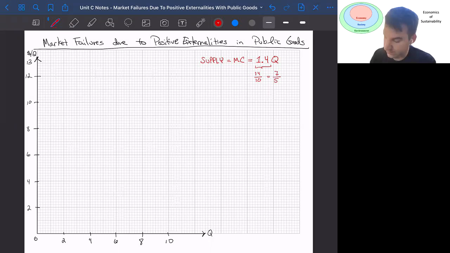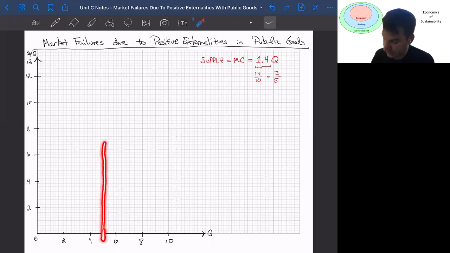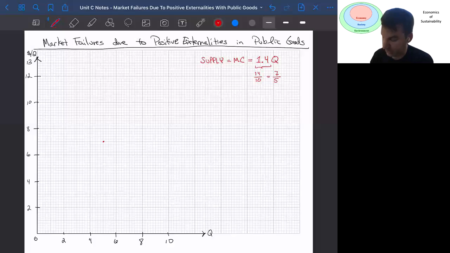So I can plot that here: 5 is down here at this point, and 7 is right here at this point. If I put a dot right there at 5 and 7, and connect those dots, then I can get the marginal cost.